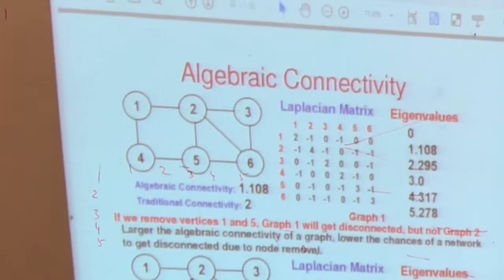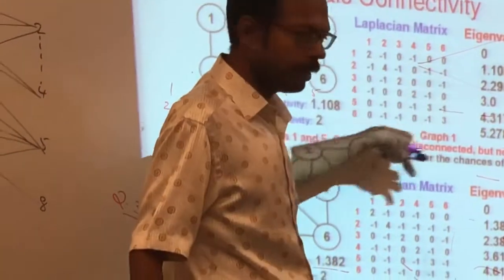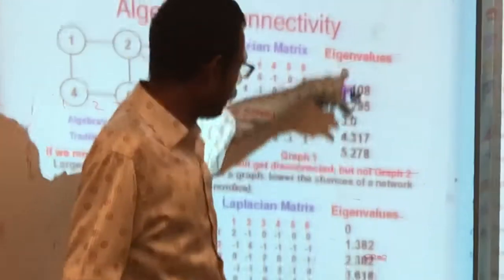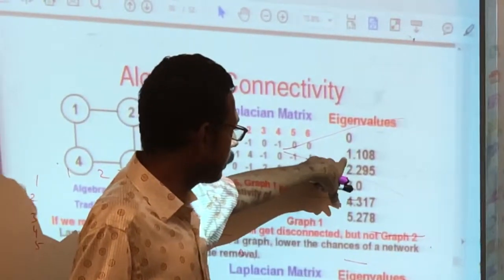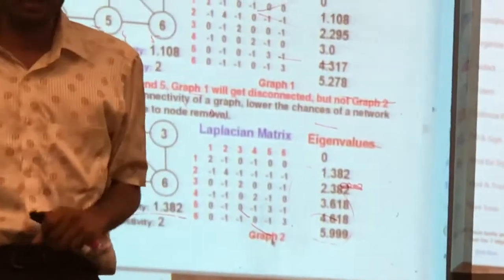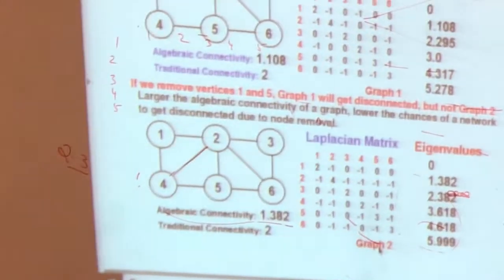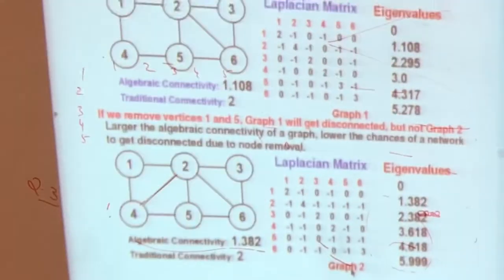So again, you know how to find the algebraic connectivity for any graph, right? Write down the Laplacian matrix, find the eigenvalues and the smallest positive eigenvalue, 1.108 and 1.382. Now, I said if the graph is connected, there's going to be only 1 zero.